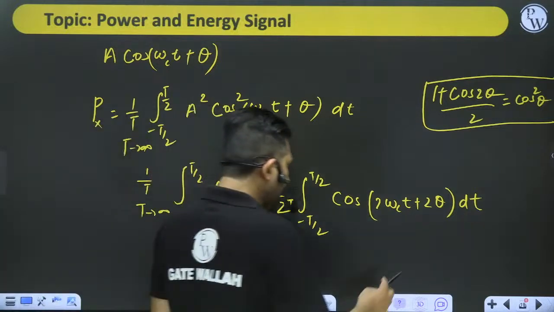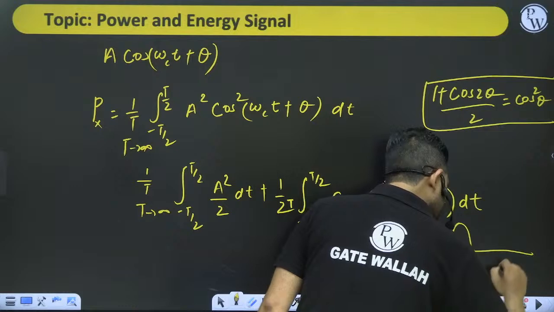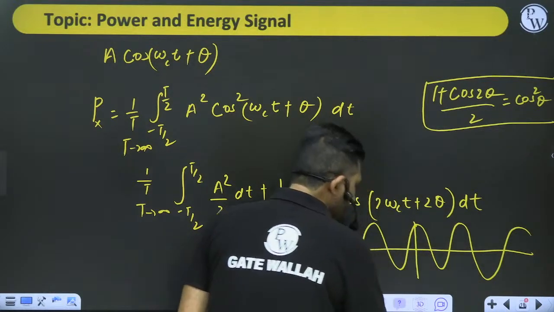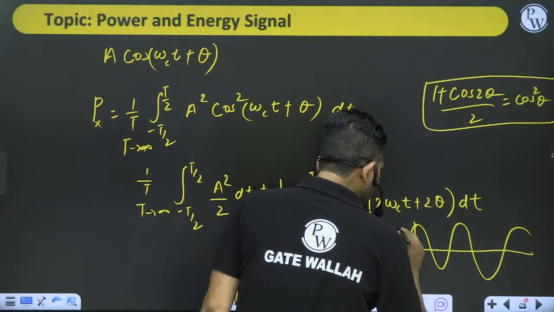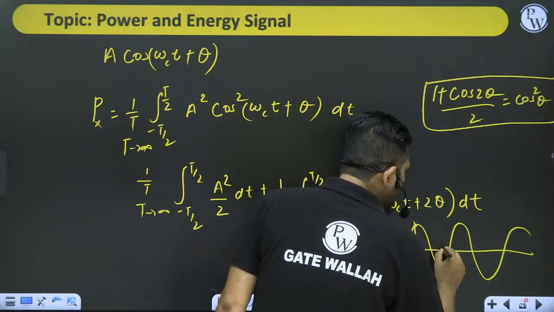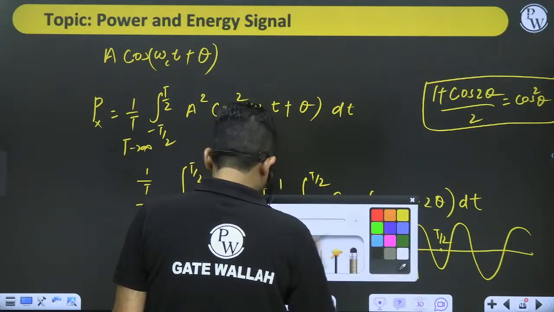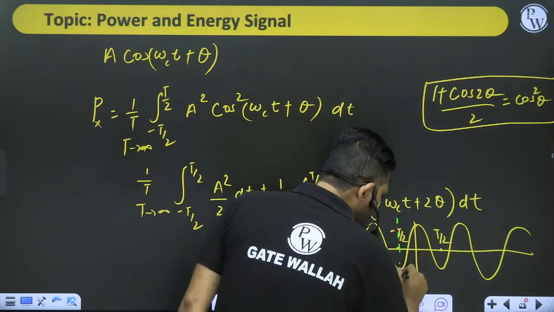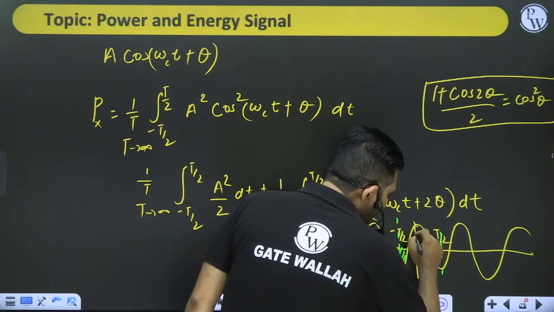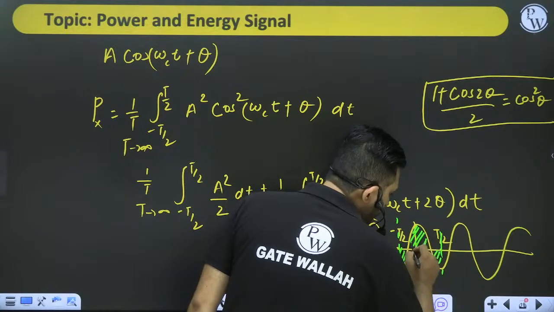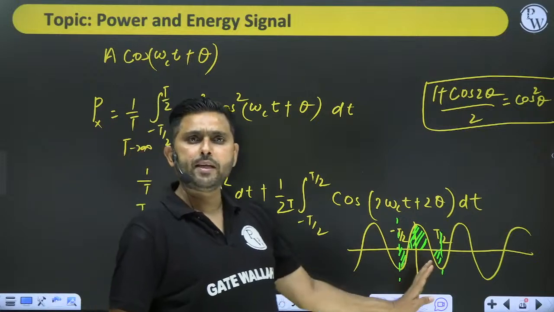Now what is cos? See here, look at the cos. Cos function is this function. If you consider this to be minus T by 2 and this to be T by 2, what I am doing is that, don't you think I am adding the signal over one period? No matter what the frequency is, I am adding the signal over one period.